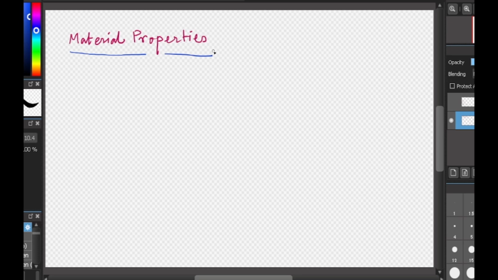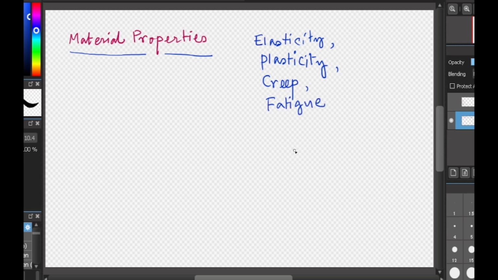The important properties and their reactions under load are, namely, elasticity, plasticity, creep, and fatigue. So these are studied in solid mechanics.